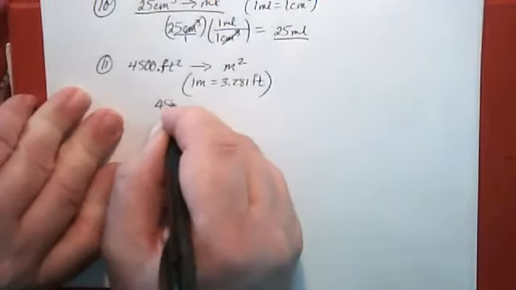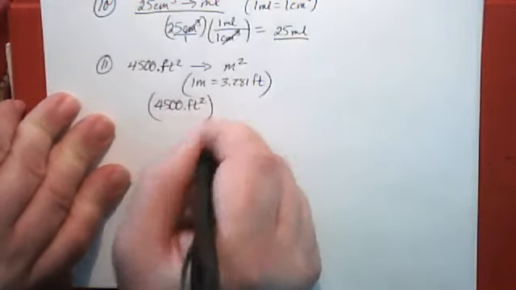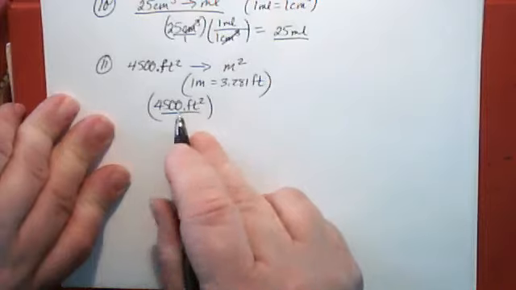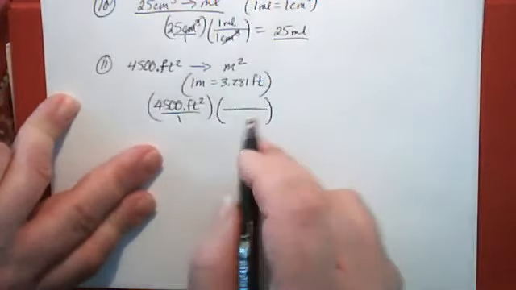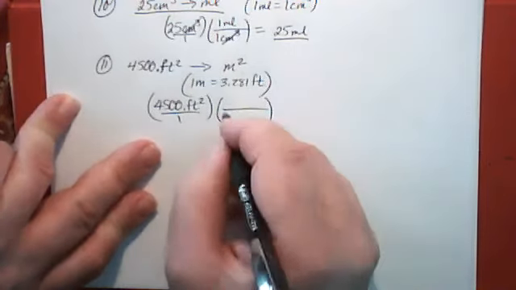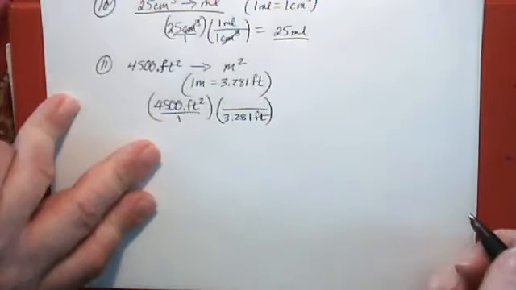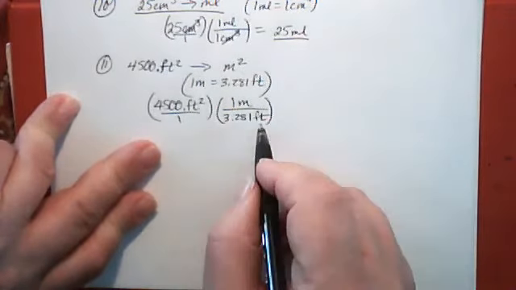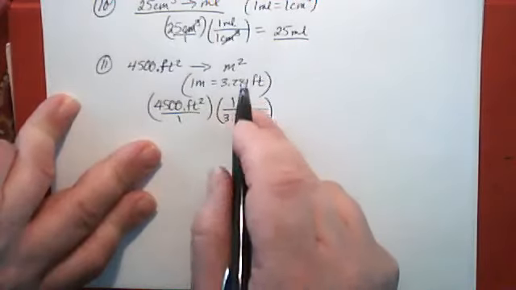So if we start out with 4,500 square feet, and notice I put a decimal point at the end, so that's 4 significant figures, and we have their conversion factor between feet and meters. We're going to want feet on the bottom and meters on top. But feet does not cancel with square feet, and we want square meters for the answer.